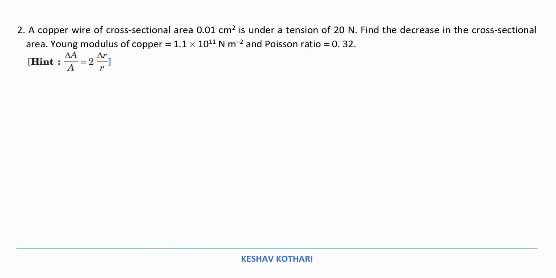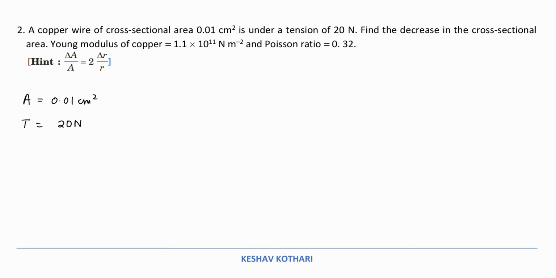Young modulus of the copper is 1.1 into 10 to the power 11 Newton per meter square, and Poisson's ratio is given to us as 0.32. If I start approaching this problem, we are considering that the copper wire has a cross sectional area A of 0.01 centimeter square, and it is under a tension of 20 Newton.